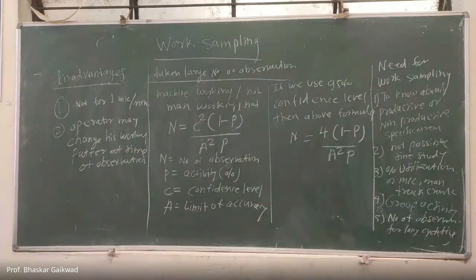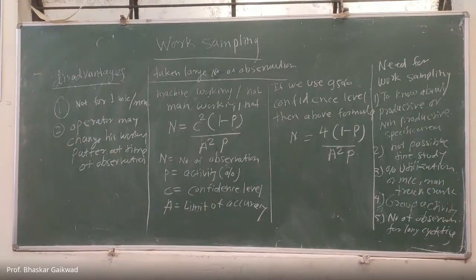Many times this happens: when we are observing, the people are working. Once we move from that place, the person will not move. So under this condition, we cannot use this work sampling.